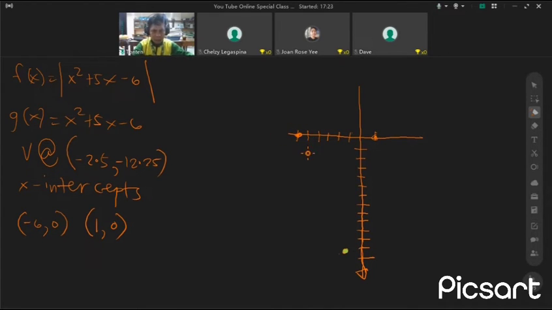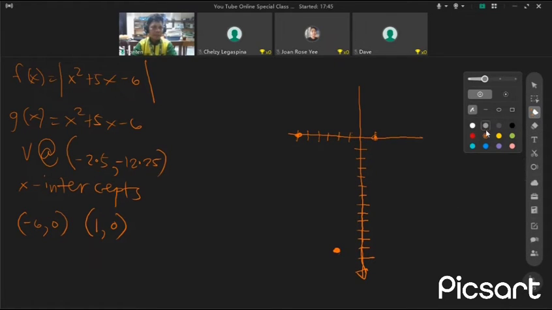That's our 1, 2. Should be here. And our graph is this.